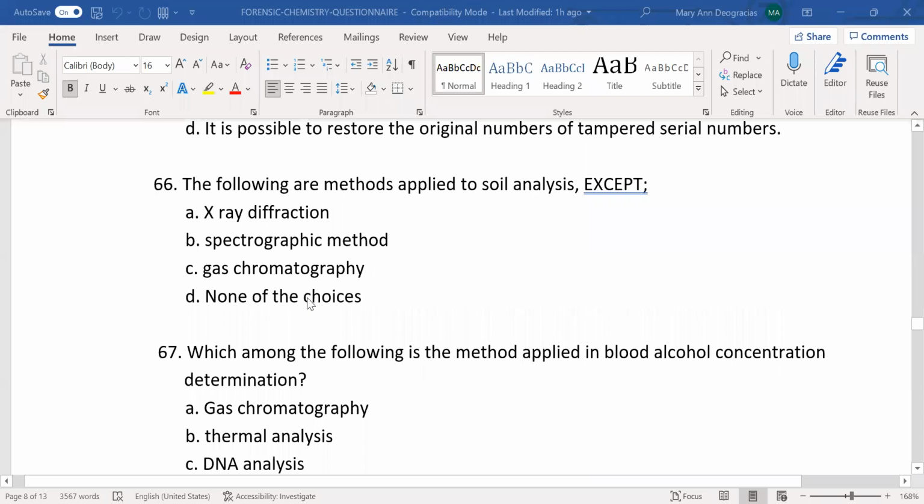All right, the following are methods applied to soil analysis except: X-ray diffraction, spectrographic, gas chromatography, none of the choices. What's the answer? C, gas chromatography. Gas chromatography is not applied.